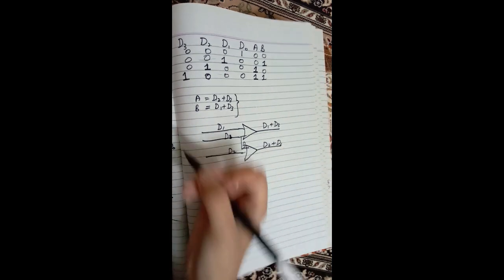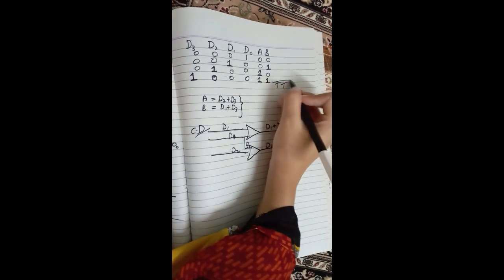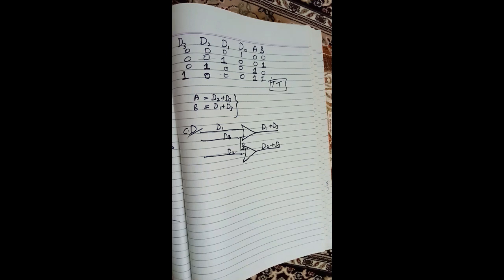Okay, this is the circuit diagram. This was our truth table, and this was our encoder. As we draw it for the 4 inputs and the 2 outputs, we can also draw it with the 8 inputs and the 3 outputs, the opposite of the decoder.